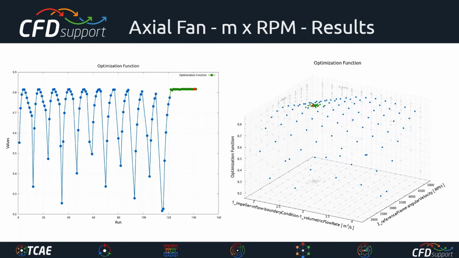The last couple of slides I have prepared for you show it's really complex. For example, this is an axial fan with two parameters: the flow rate and RPM, the speed of rotation. We recommend to do the DOE, which is the blue, which is just traversing the parametric space.